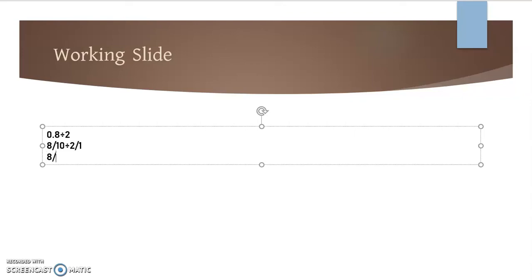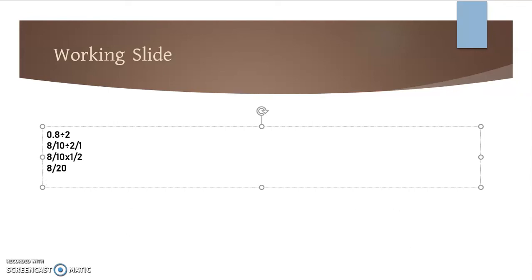Again, 8 by 10 into the reverse of that, 1 by 2. That would be 8 by 20. That would be 4 by 10. That would be 0.4.